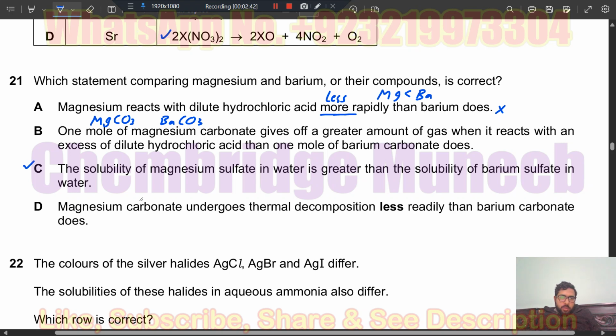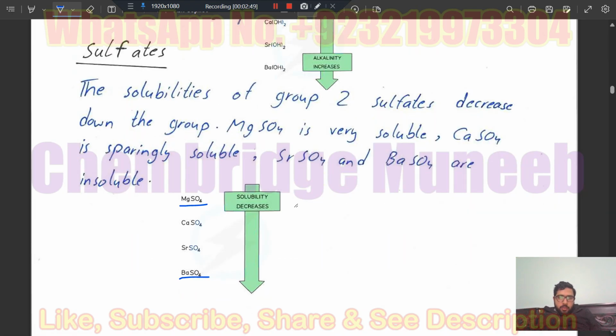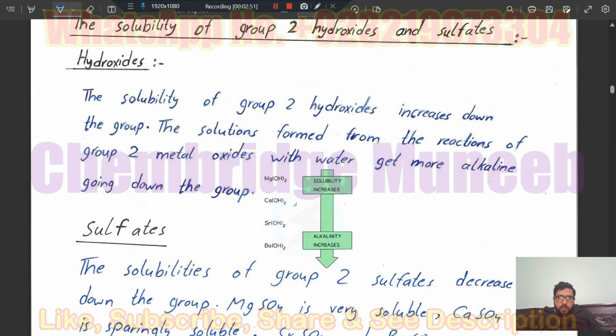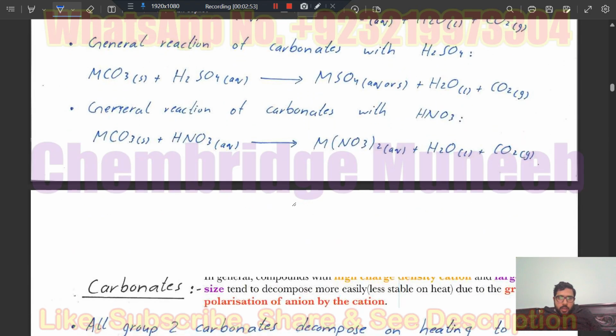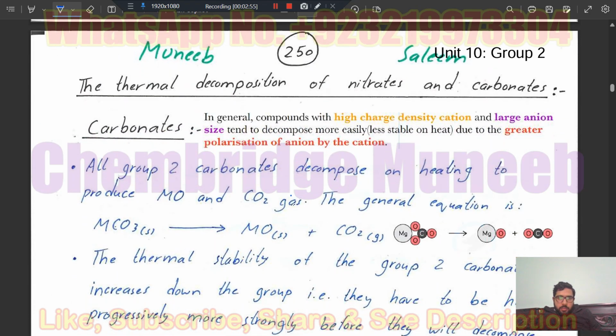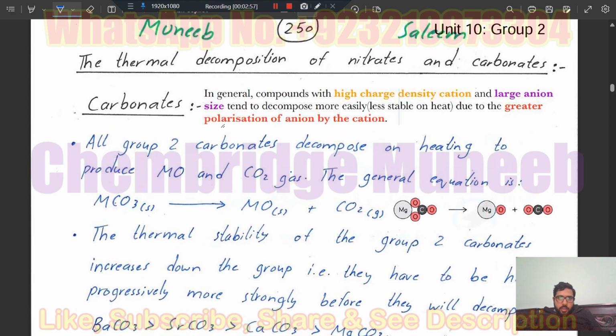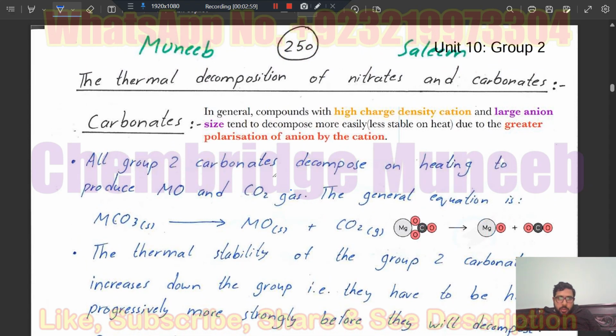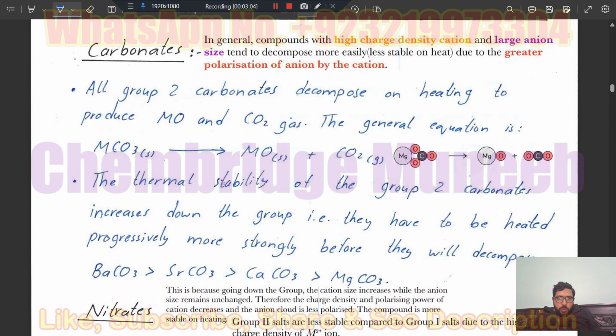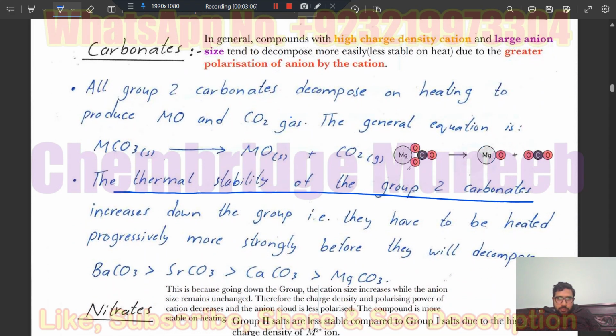Then D says magnesium carbonate undergoes thermal decomposition less readily than barium carbonate. Again, for this we have to look into the literature about thermal stability. It is mentioned in my notes that as we go down the group, the thermal stability of the group 2 carbonates increases.